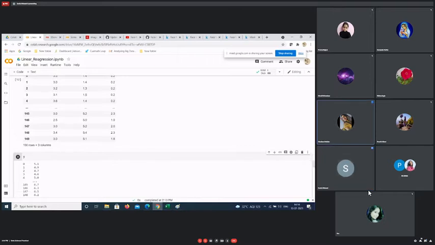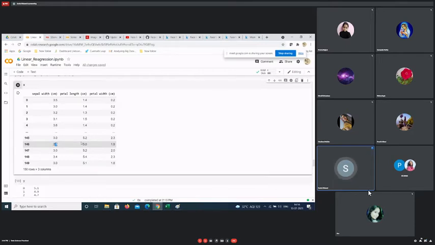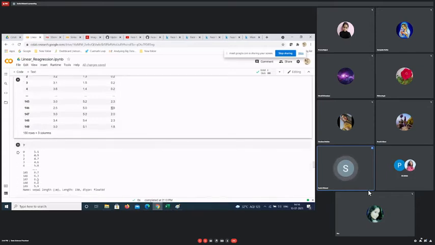Right? So class, now I have sepal width, petal length and petal width. Let's go with indexing number 146, which says sepal width is 2.5, petal length is 5.0 and petal width is 1.9. And its corresponding sepal length value is coming out to be 6.3.